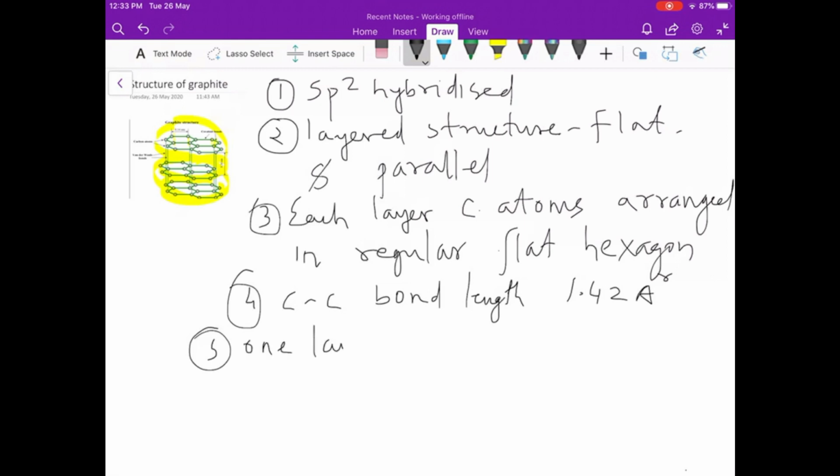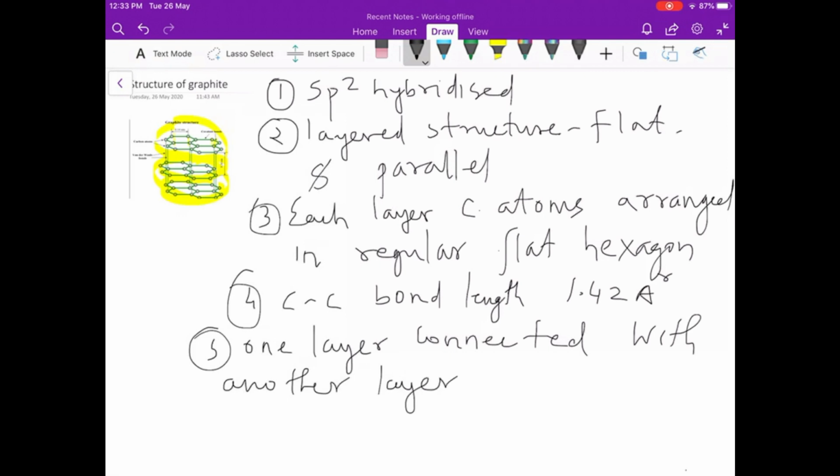Let me write it this way: one layer is connected with another layer by a very weak force, and that force is actually van der Waals force. That is why graphite is usually slippery to touch.